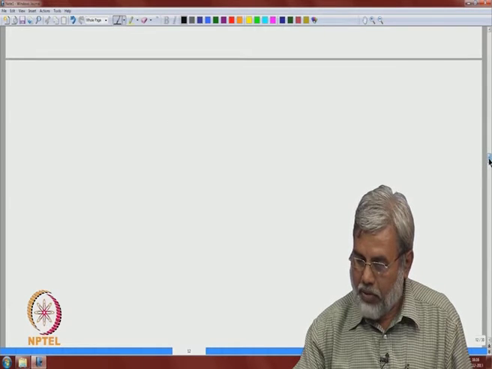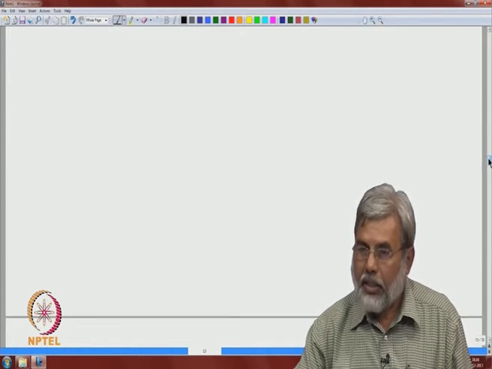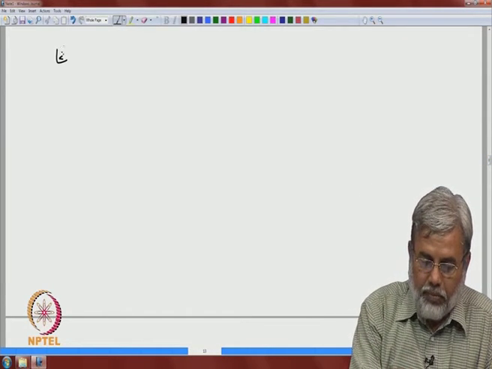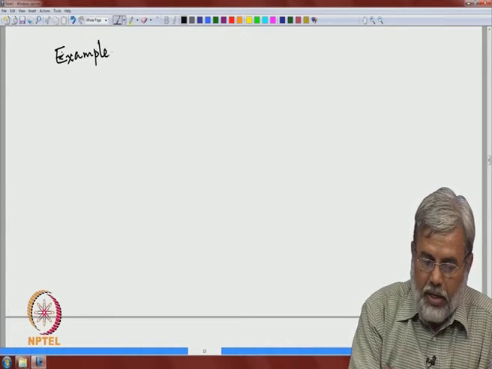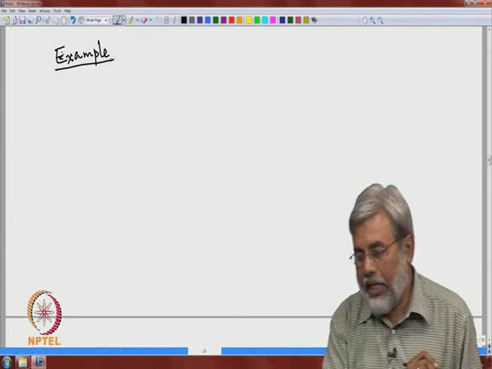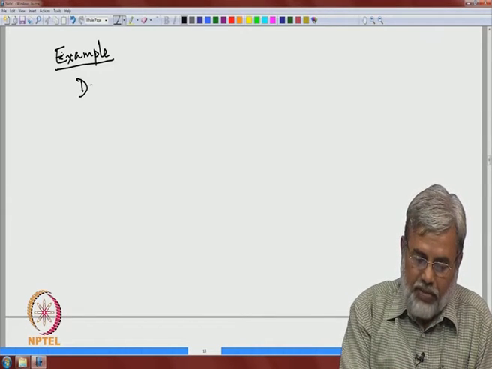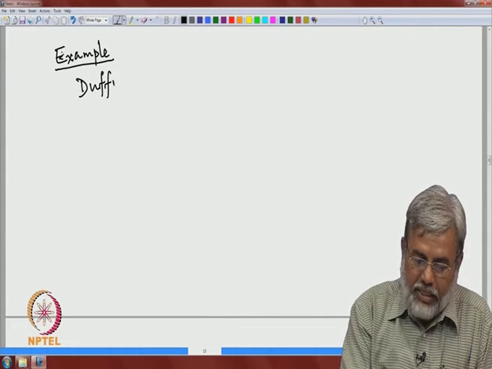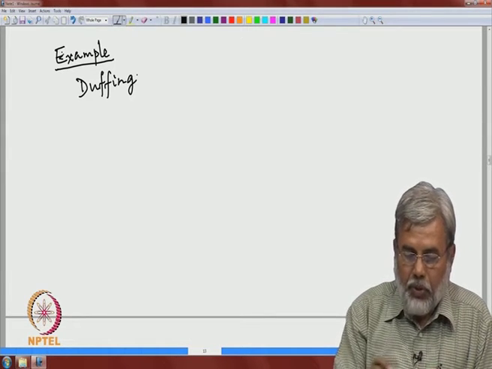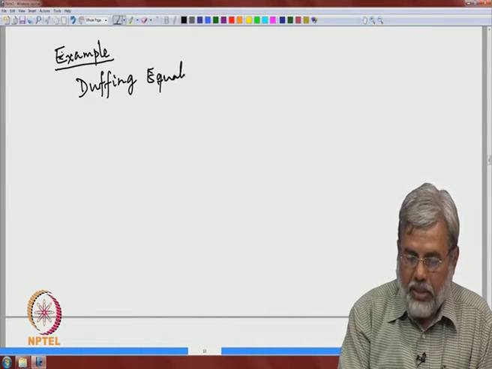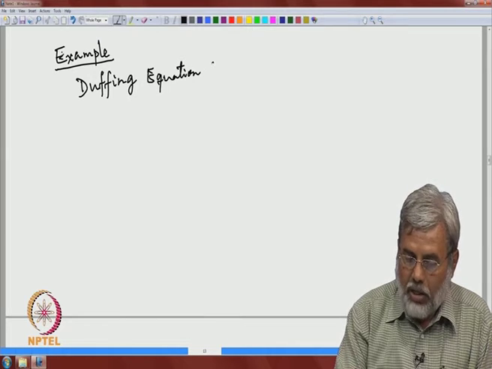So, let us work out some examples in the remaining time. Let me just start with one example, and try to compute the linearized system and eigenvalues. So, this is the Duffing equation. You have already seen this in the module giving you all the examples, and this is also called the Duffing oscillator.